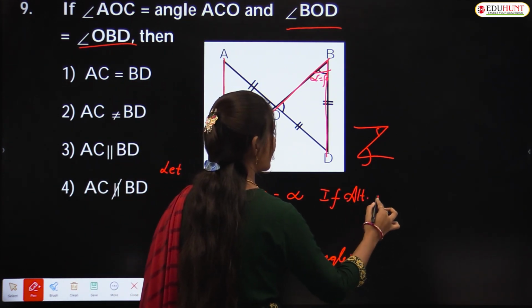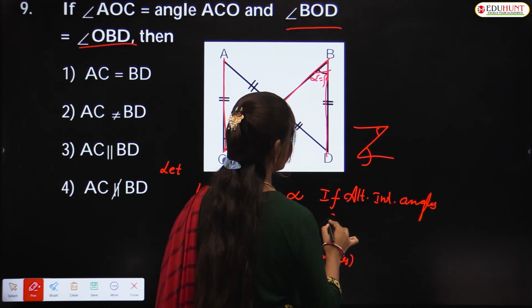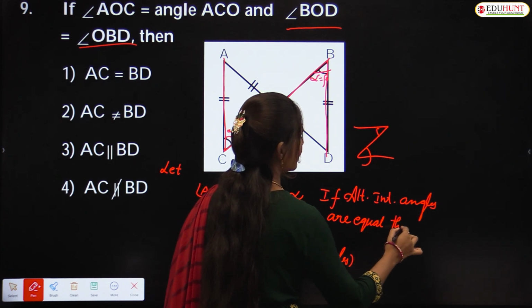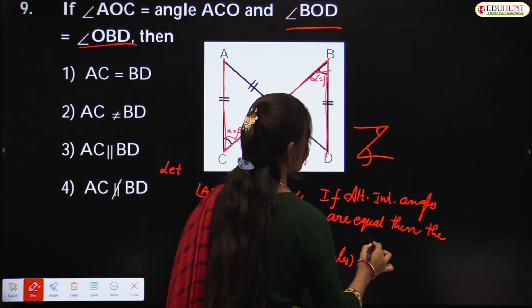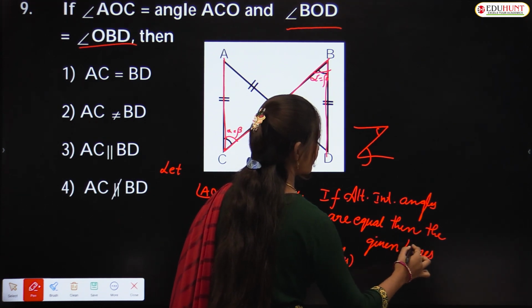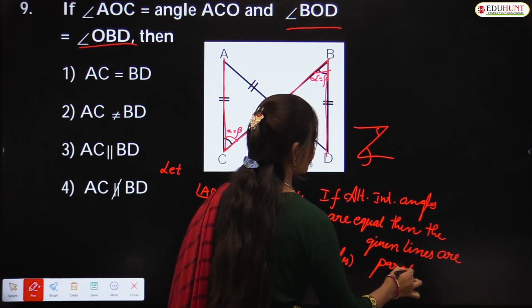If alternate interior angles are equal, then the given lines are parallel.